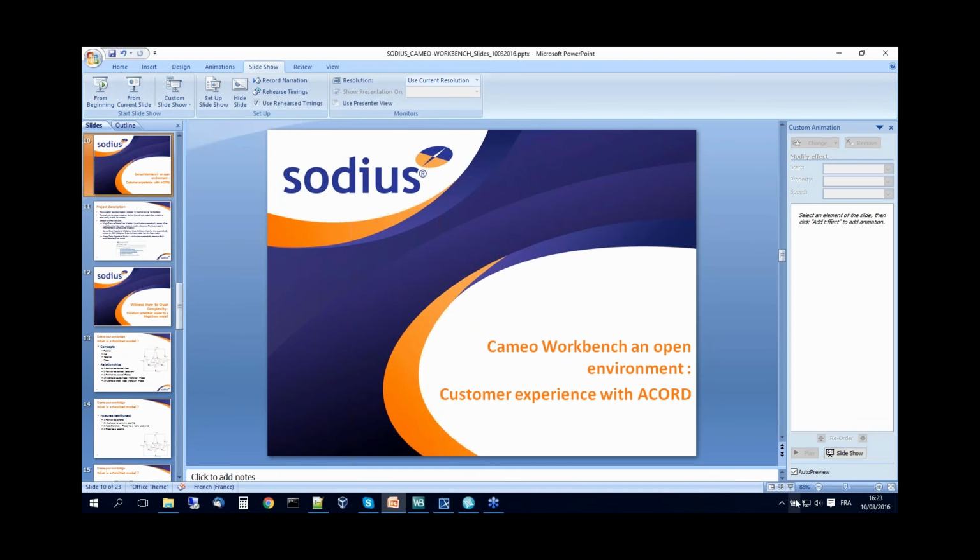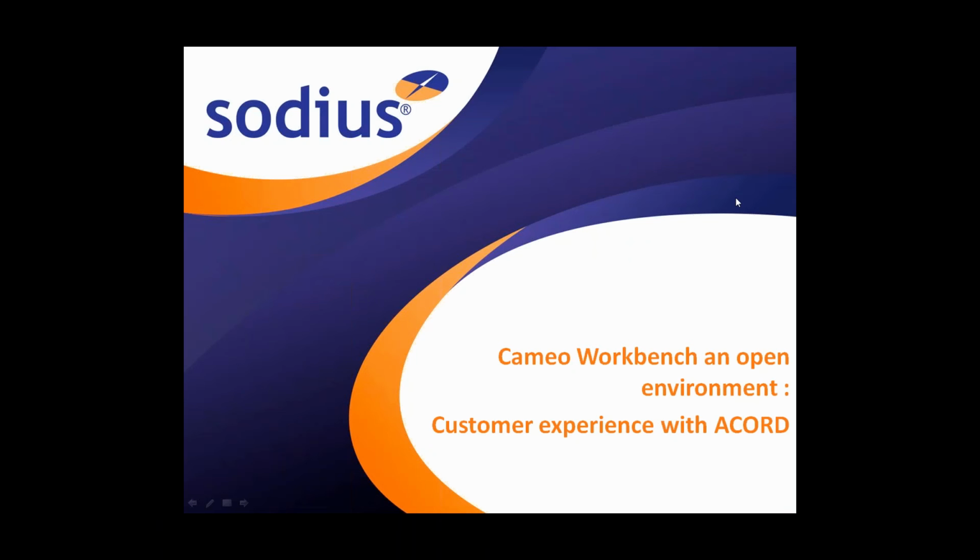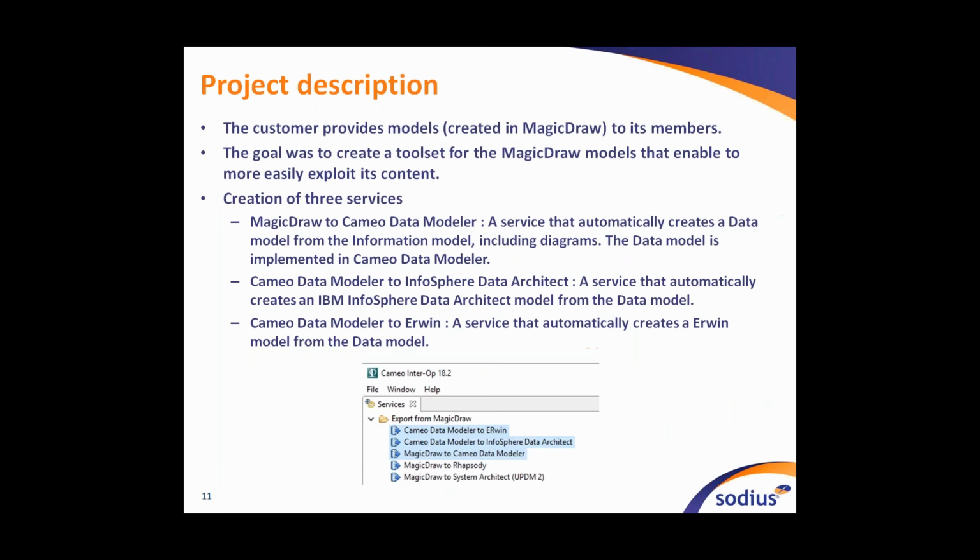Here is what I wanted to show you really briefly on what we can do with Cameo Workbench. We've also used Cameo Workbench for one of our customers that had a problem because they wanted to provide some models to its members. The models were created with Magic Draw, and they wanted to more easily exploit their contents.